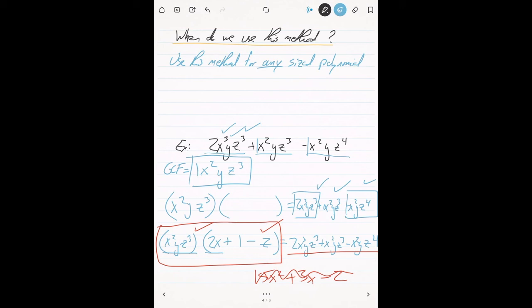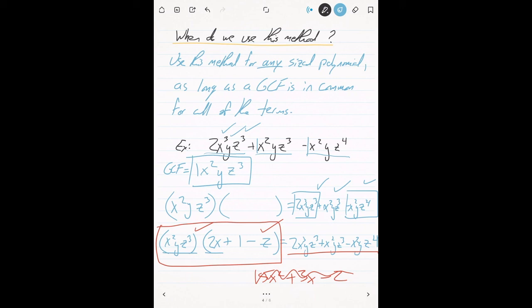Use it anytime you can. So for any sized polynomial, as long as a GCF is in common for all of the terms.